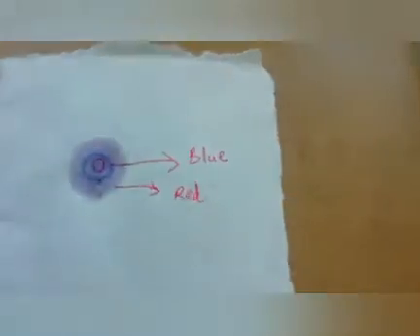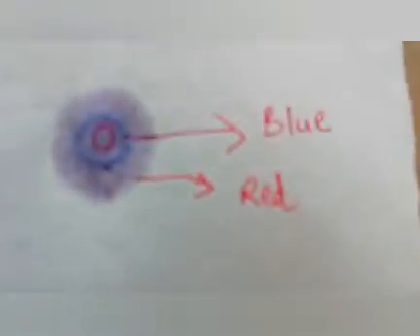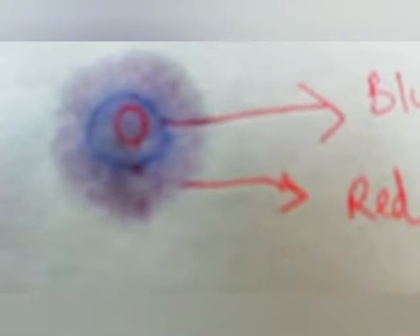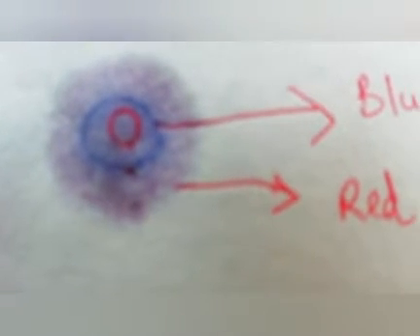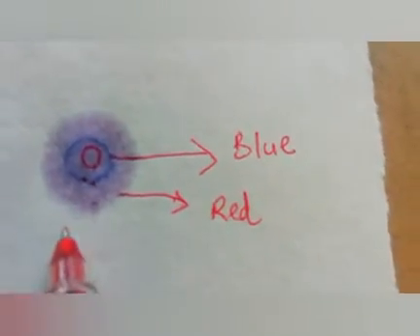Okay, so this is a small activity that shows how chromatography is working. Just a little bit closer, you can see now red color is appearing slowly. So this is the blue color and this is the red color.